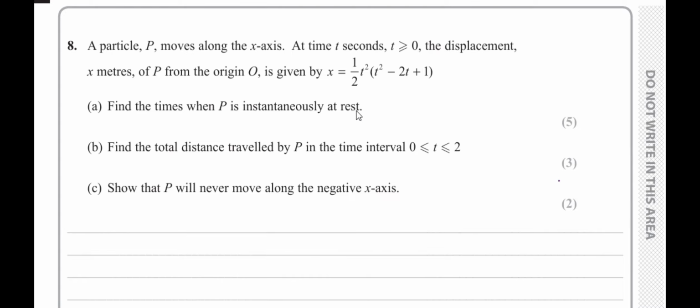So let's write this equation, x is equal to, and then see what happens after that. So x is equal to half t square bracket t square minus 2t plus 1. So in order to convert this into an equation for velocity, we need to differentiate that because we know that v is equal to dx over dt, where x is the displacement.